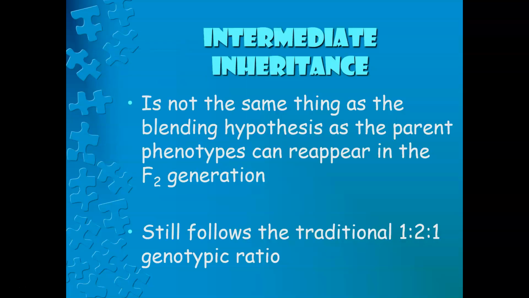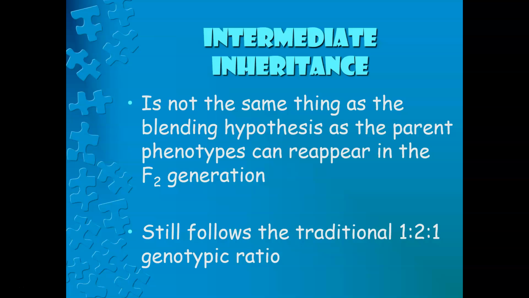The point I want to make on this slide is that when Mendel was coming up with all of this information at the time, there were two big hypotheses going on. There was the particulate hypothesis, which is ultimately what Mendel supported, the idea that alleles are discrete particles in a cell, and they get inherited separately.